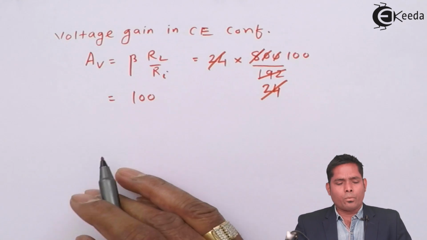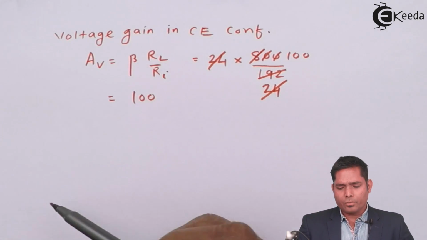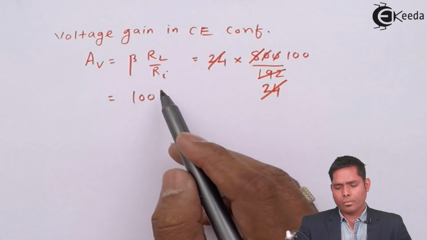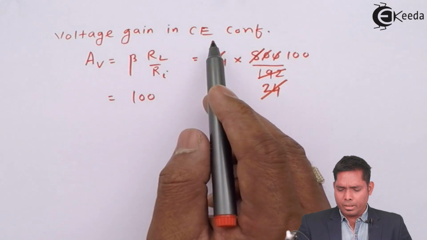So the voltage gain in common emitter is 100.